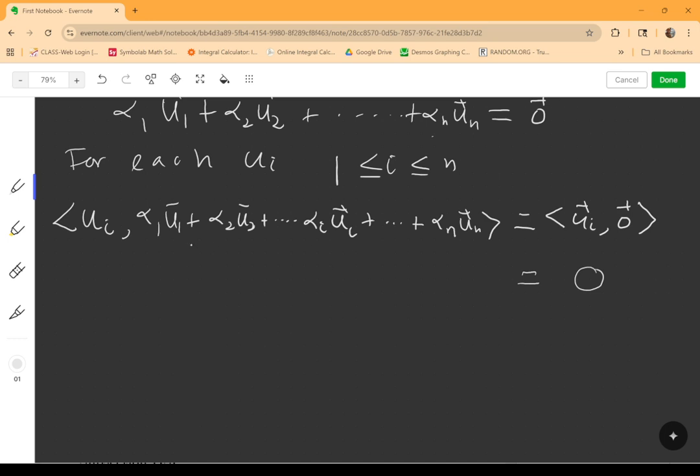By applying properties, I can split it across the sum, and I can factor out the scalars, alpha 1, alpha 2, all the way to alpha n.